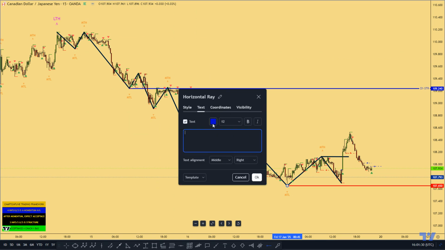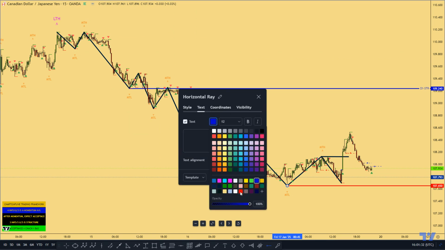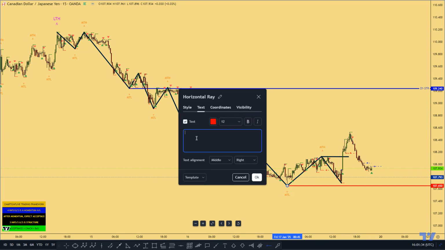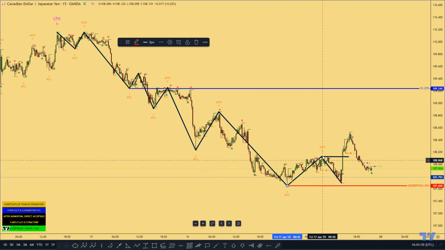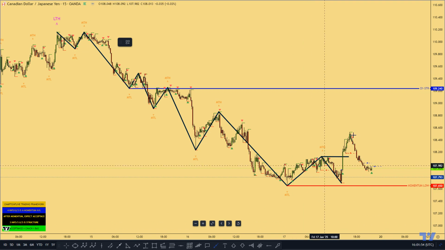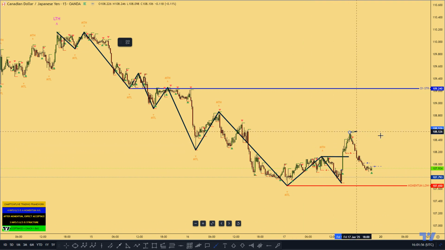I deleted some of the lines because we need to. And based on our methodology, we expect a change of character and a break of structure after a momentum low. Simple as that. That gives us 3 waves.